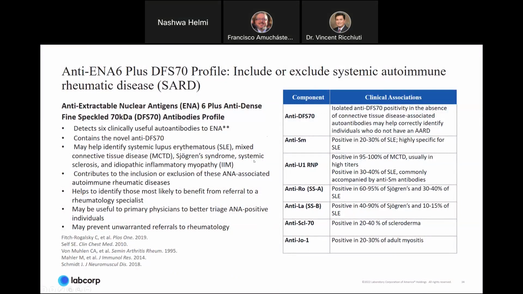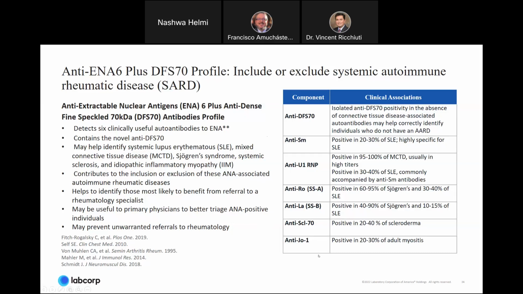This panel is provided with 6 clinically useful autoantibodies to ENA, extractable nuclear antigen, and they are listed here: anti-Sm, anti-U1 RNP, anti-Ro, anti-La, anti-Scl-70, and so on. And it also contains the novel anti-DFS70 by ELISA, as we discussed earlier.